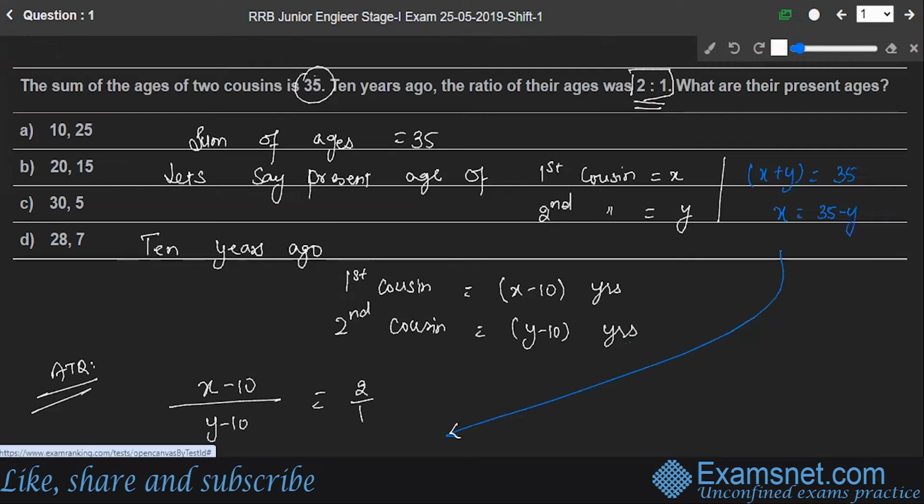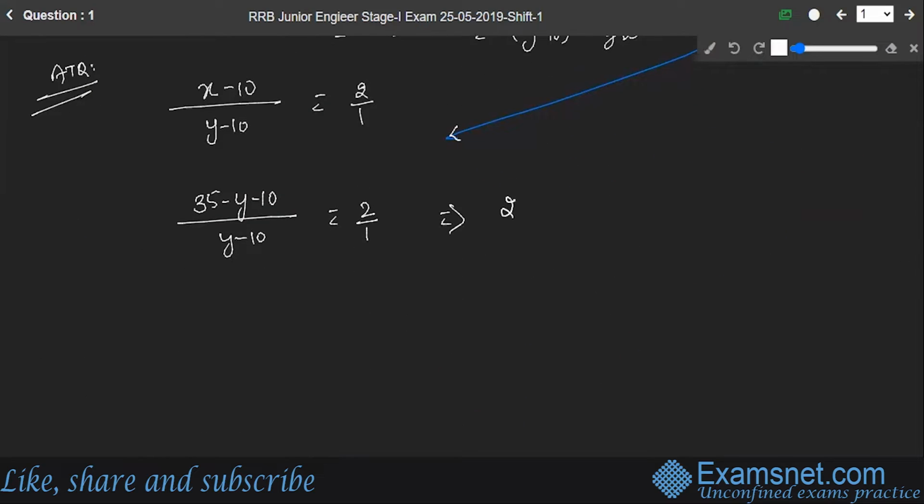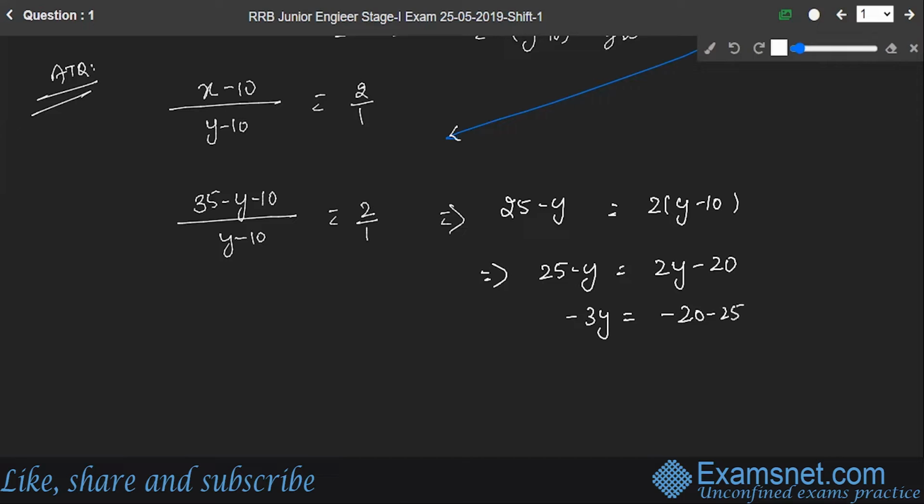I'll write 35 minus 10 as 25. That will be 25 minus y is equal to 2y minus 20, so you have 3y is equal to 45, or y becomes equal to 15.